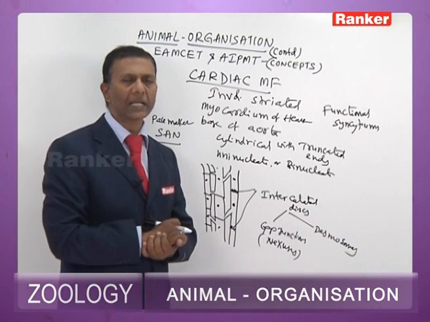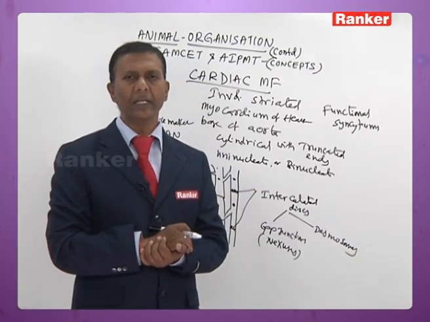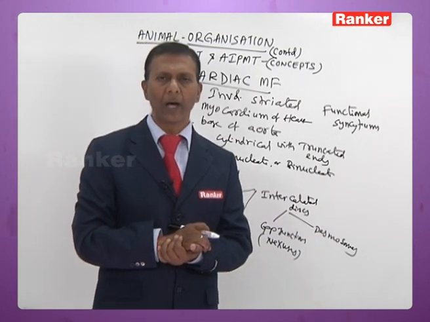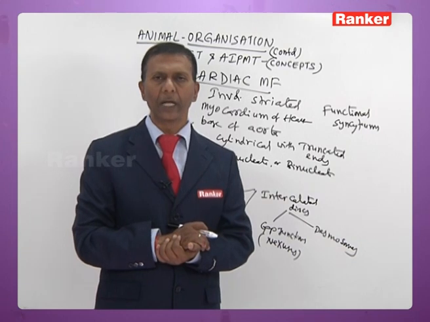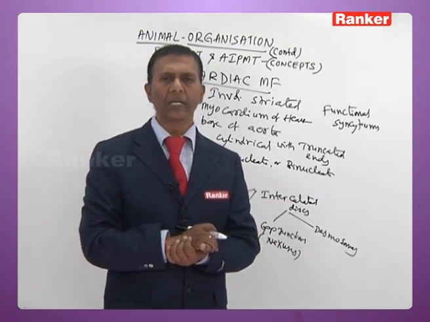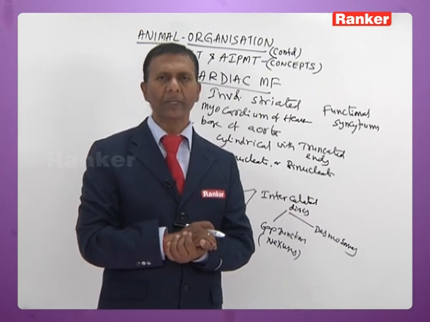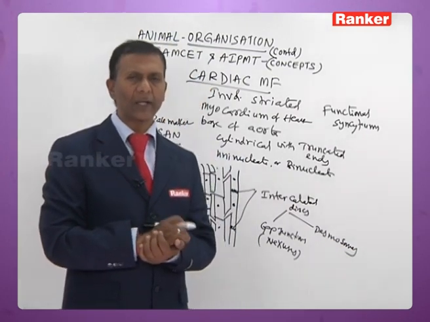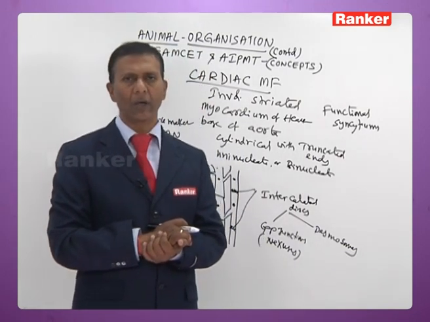The sinoatrial node acts as a pacemaker. It lies in the right auricle at the base of the inferior vena cava near the Eustachian valve. The sinoatrial node is responsible for systolic and diastolic movements of the heart when the heart is filled with blood, and that's why these contractions are called autorhythmic contractions.